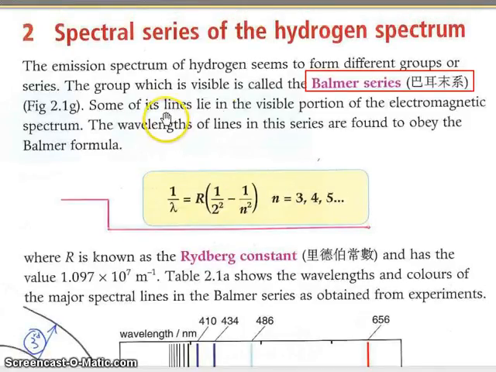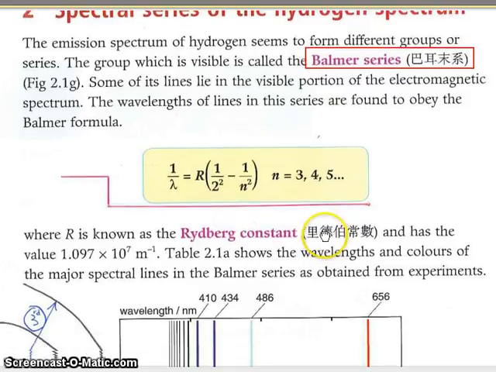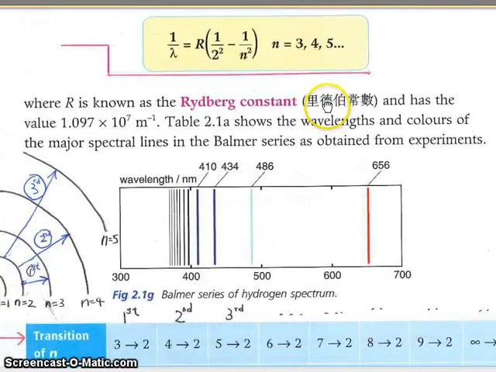So the first scientist, Balmer, found the Balmer series. Balmer identified some of the lines, with wavelengths 410, 434, 486, 656. These wavelengths are so closely related.